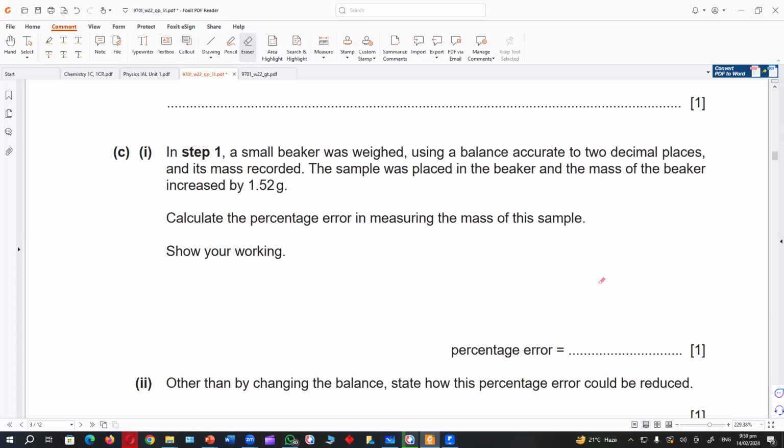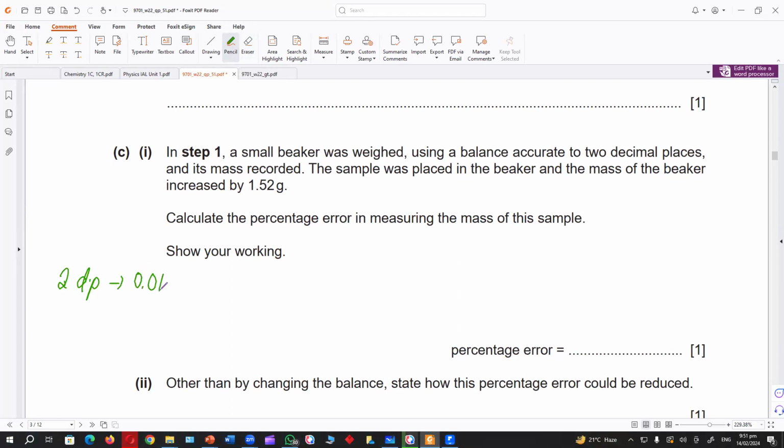Two decimal means 0.01. So when they don't give the reading, we should assume it's 0.01. Actually, when you say something is accurate to 2 dp, it means it can read like 0.01.